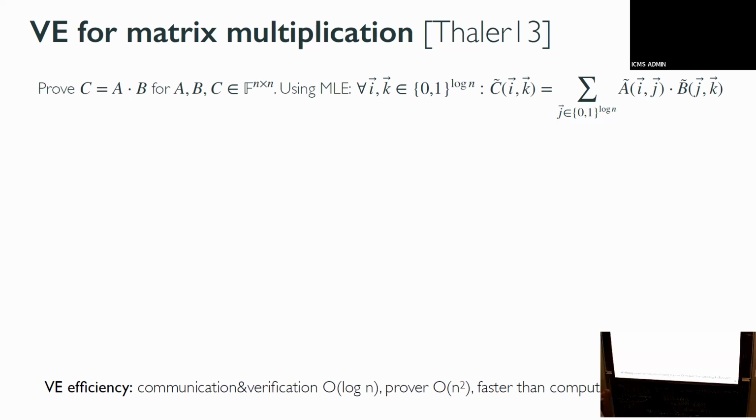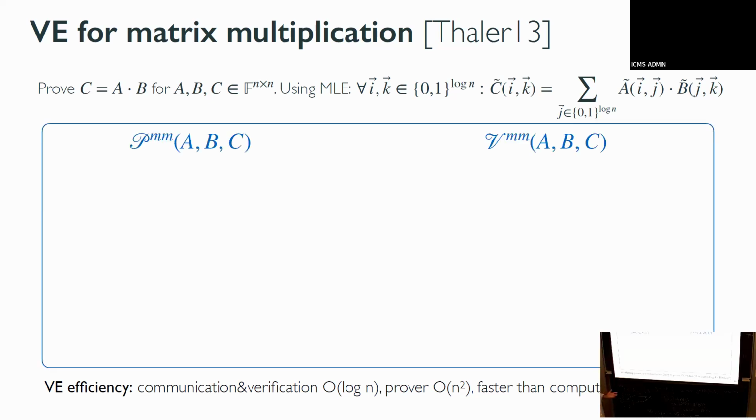The running time of the prover is n squared, so it's linear in the size of these matrices, which is optimal, since matrix multiplication is not known to be doable in complexity n squared. The communication and verification complexity is log n. If the verifier knows the matrix, they must process it in time n squared, but the proof is log n.